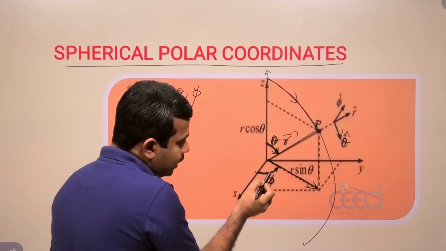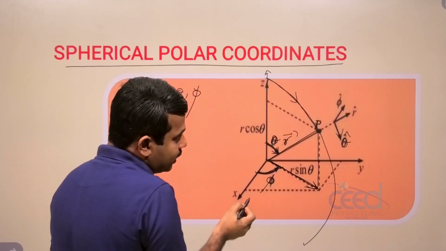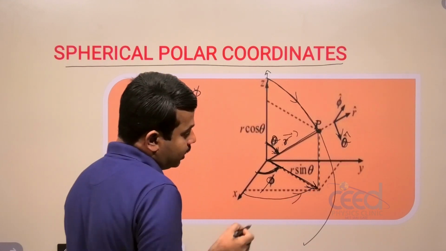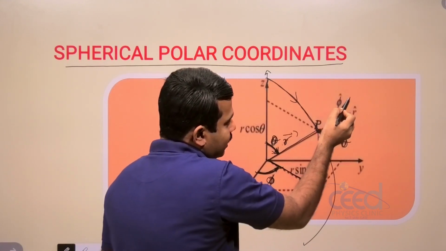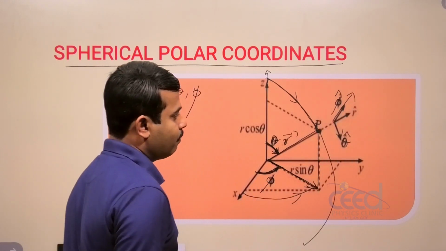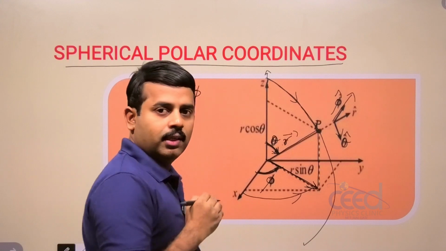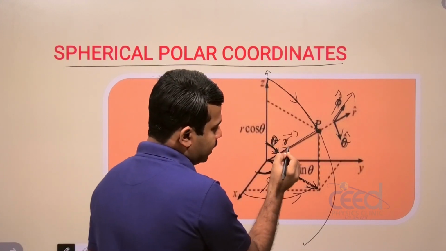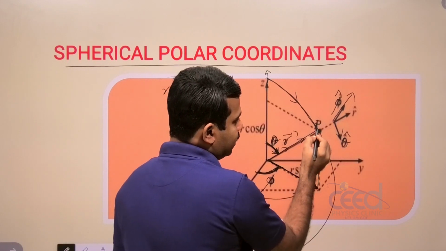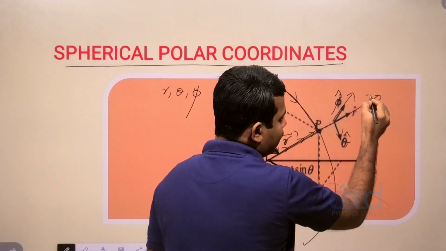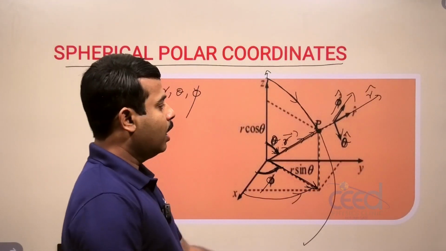Now in which direction is phi increasing? Look here, it is increasing in this direction. That is phi cap. Now think about how the radius is increasing: it is increasing like this, that is r cap.